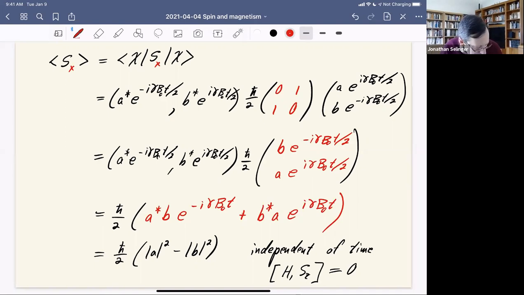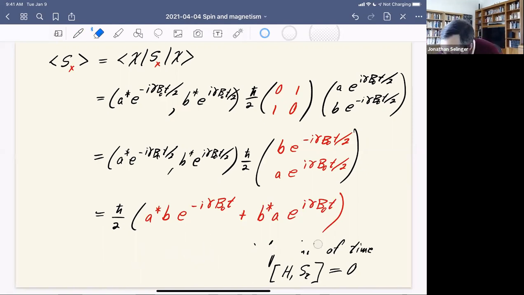Okay. So this is the Sx expectation value. And this is not independent of time, right? It depends on time.